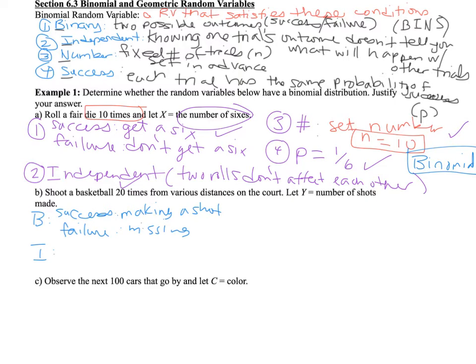So in these types of problems, they'll specifically tell you something that might cause things to not be independent. So otherwise, you're probably going to have to make this assumption. You really just have to think logically about this type of thing. So I'm going to assume that making or missing a shot will not affect other shots.